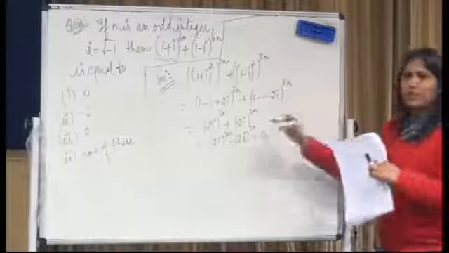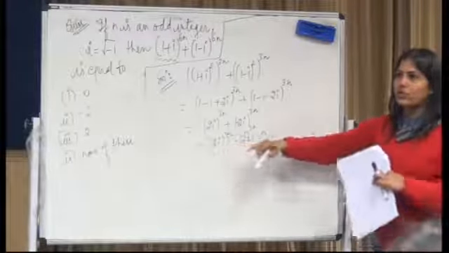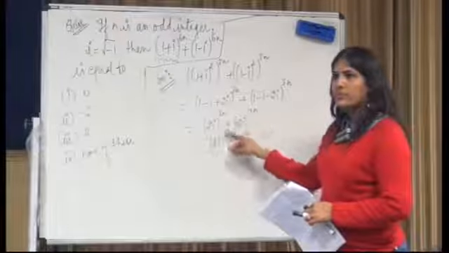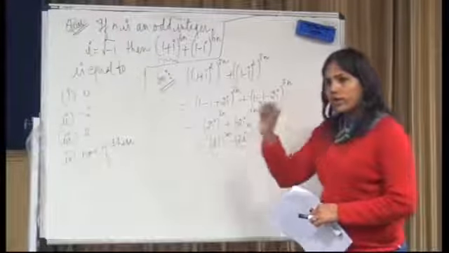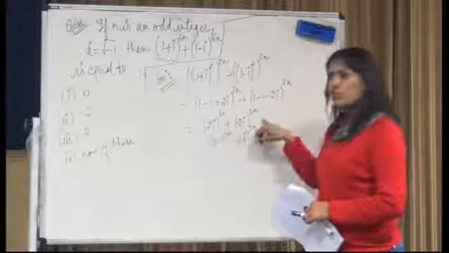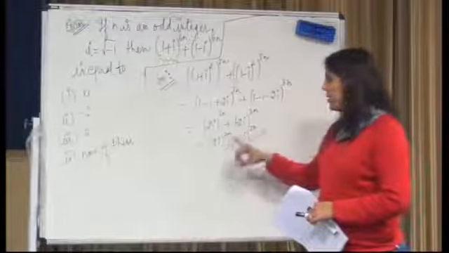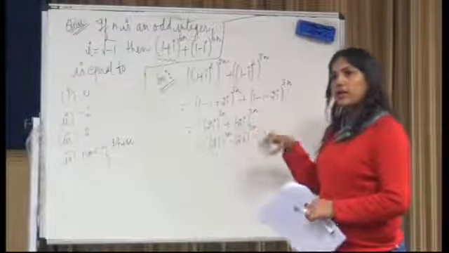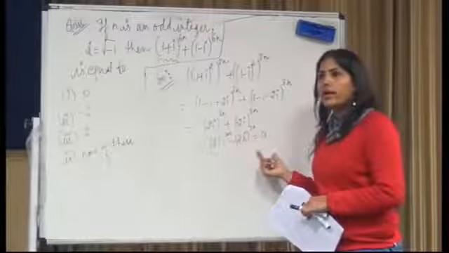Now this is also in general. Don't ask for which n. You can simply put any n. If you are in doubt, first n will be 1, so 2i cube minus 2i cube will be 0. Then next will be 2. N is a natural number, so n is 2, it means 6. That you can easily calculate. Every time you will get 0.